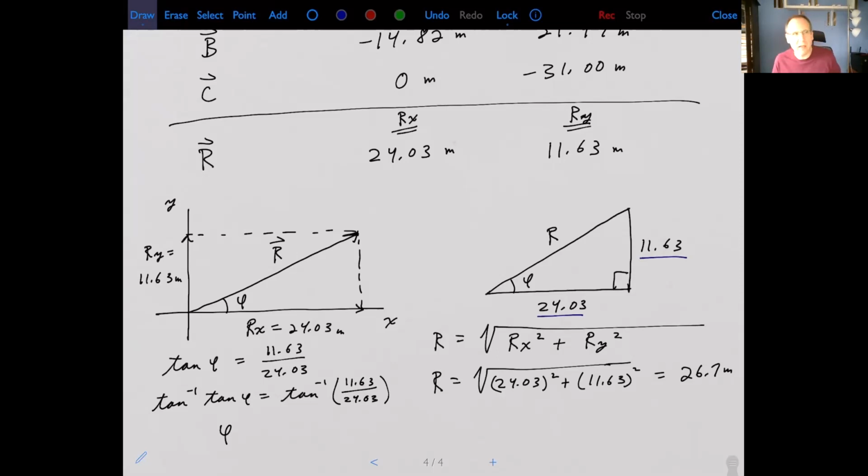Remember that an inverse function undoes the original function and gives you back the argument. Usually you never even write that, but really we're doing inverse tangent of tan phi to give us phi by itself. On the right-hand side, inverse tangent of 11.63 over 24.03, you plug that ratio into your calculator and you should get 25.8 degrees.